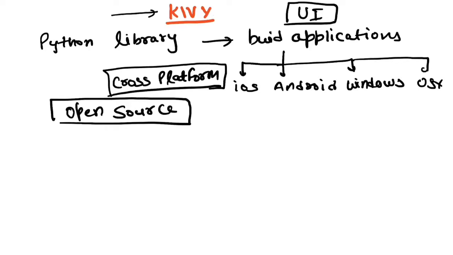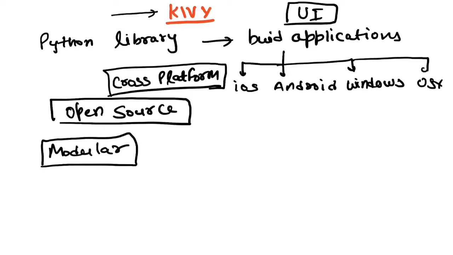In terms of the architecture, it is very modular. When I say modular, there are different components within this Kiwi Python library which do different functions in a very abstract way. For example, if you have to deal with creating certain components, there is a widget module for that. If you have to communicate with the graphics library, there is a graphics module for the same.